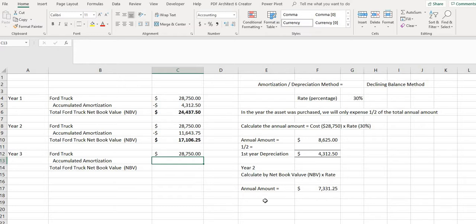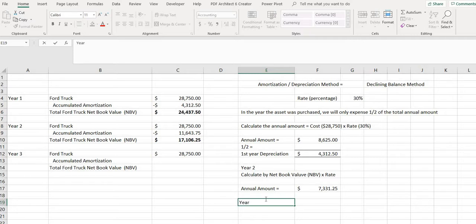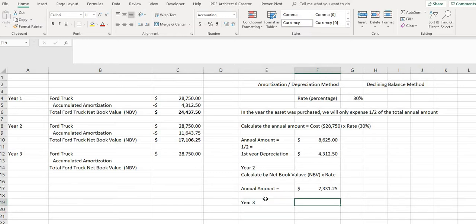So in year 3, all right, we're just simply going to multiply the 30% rate that we're always going to use, but this time we're going to multiply it against the net book value that's remaining, that's $17,106.25.